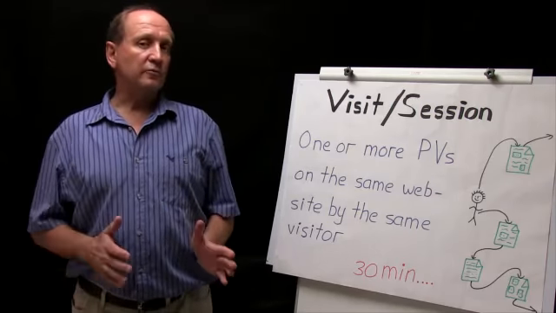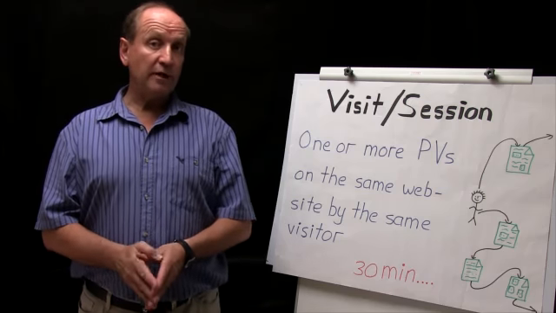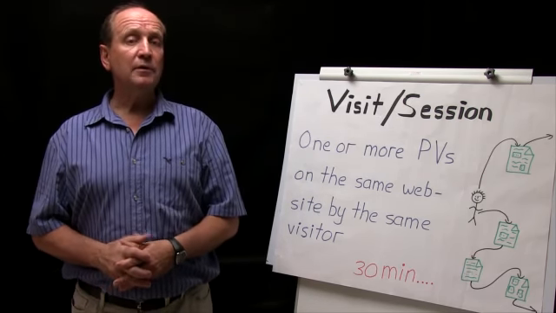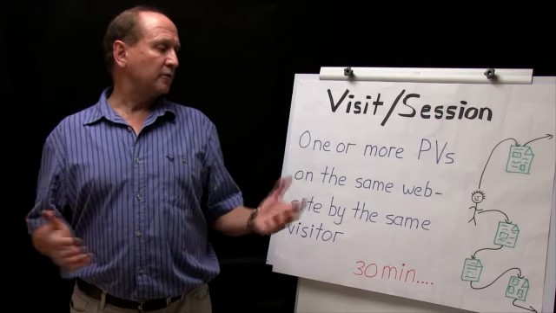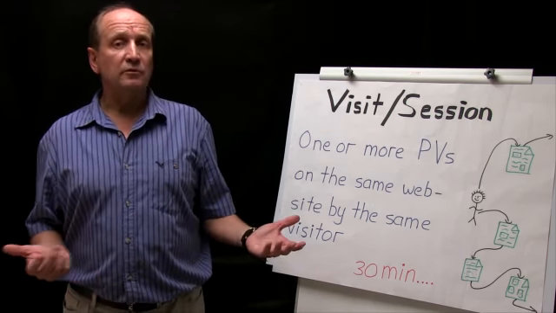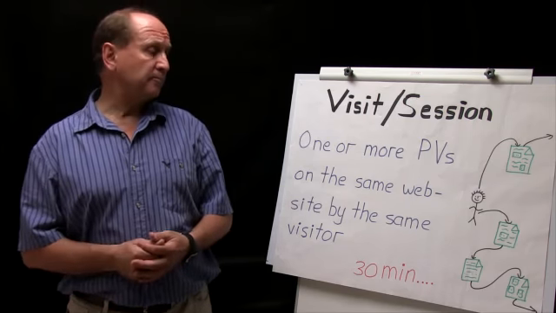Now, with this specific one, there's some element of change because there's a time involved. If I visit a web page today and I exit and I visit it again in 3 years' time, which is a long time in the internet world, does that count as one visit or two? Because it's so long apart. I'm almost a different person by that time.